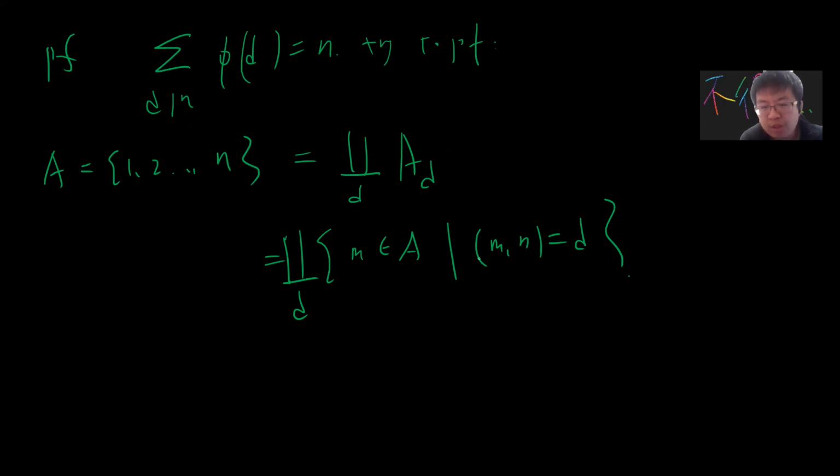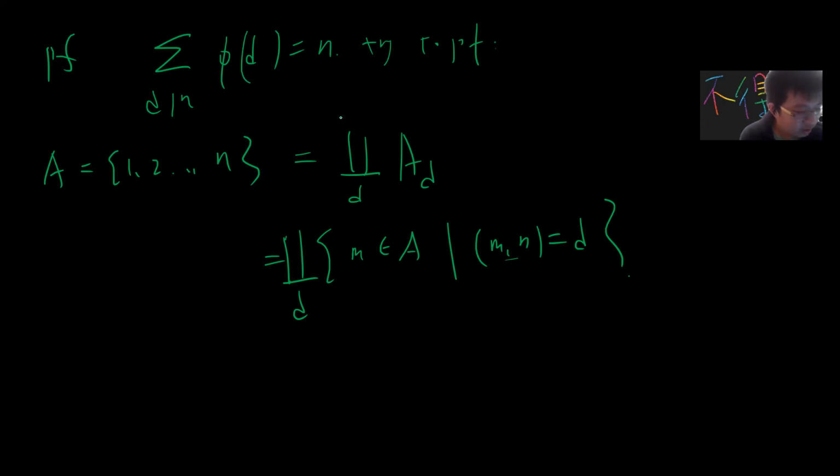So different m, different D must come. There's no m that has two D's, right? Once you choose m, the D is fixed, and the GCD of m with n is exactly that D. So this is why this is a disjoint union.